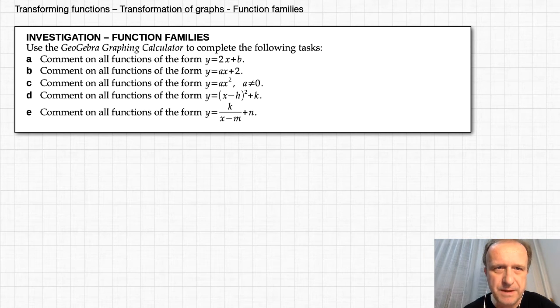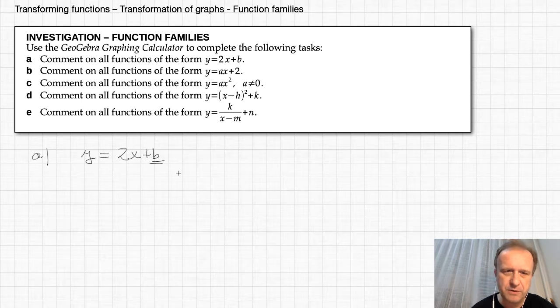Okay, so these functions here represent a family of functions. So let me write it down. y equals 2x plus b is a family of functions because b is a parameter which can take on any value. For example, if b is 0, then the function would look as y equals 2x.